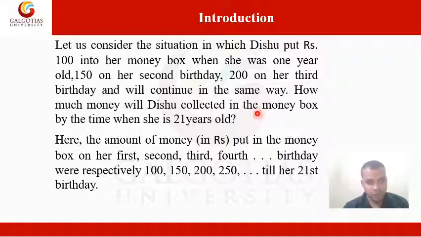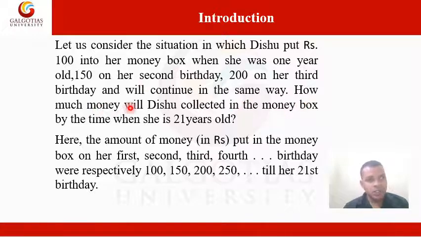Let us consider a situation in which Dishu puts rupees 100 into her money box when she was 1 year old, 150 on her second birthday, 200 on her third birthday, and will continue in the same order.